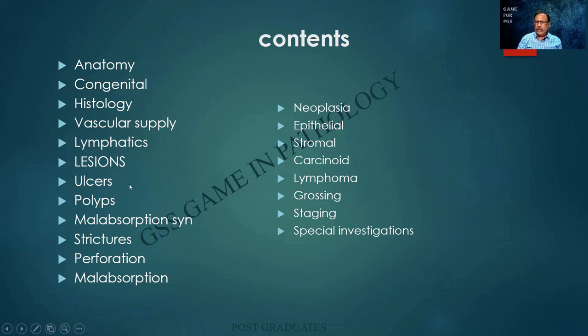In fact, one of the videos that I have seen was stunning, and I had acknowledged that particular author. So there will be the strictures, the perforation, the polyps, the ulcers that we will have to look for. They can be non-neoplastic lesions as well as neoplastic lesions. And what is the importance of the neoplastic lesions is given in this table.